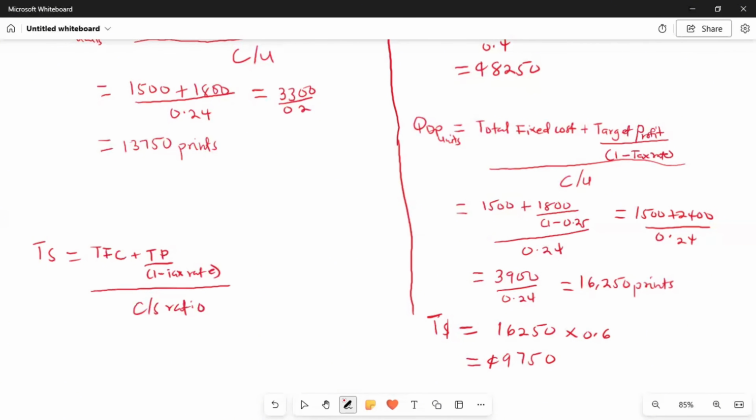So put this in, then you will have 1,500 plus 1,800 divided by 1 minus 0.25, all divided by the contribution sales ratio, which is 0.4. So when you punch this on your calculator, you have to get 9,700. So we are done with the question.